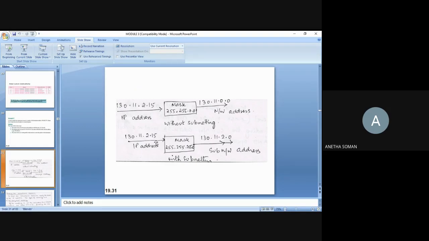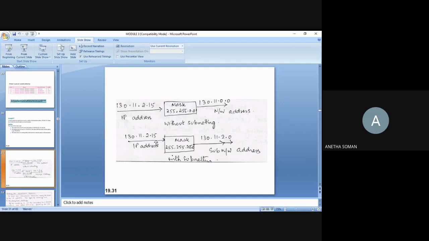In the first case, without subnetting, 255.255.0.0 will be the default mask value. Once you apply the mask to the IP address, you obtain the network address. The 255.255 part is retained, so 130.11 is retained, and the remaining 2 values will be 0. That provides the network address.